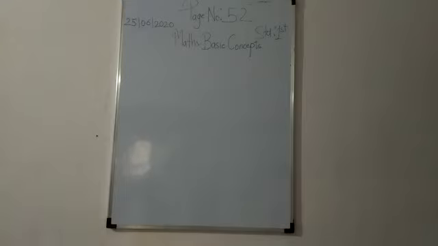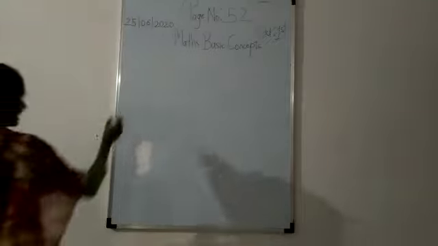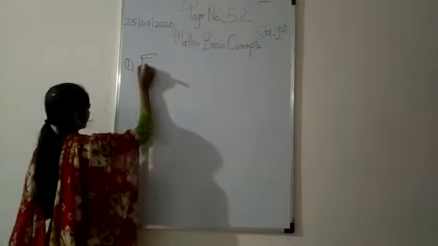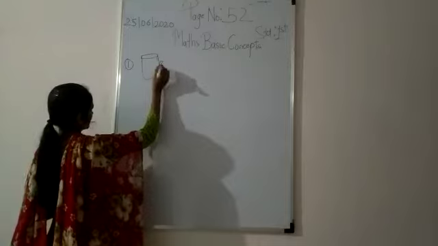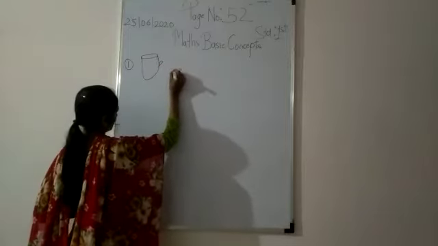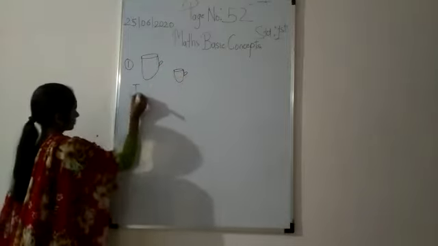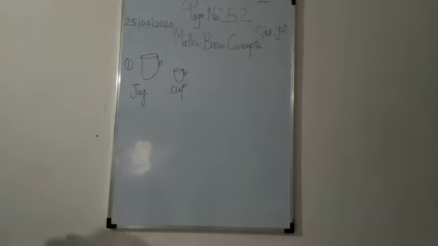In the first picture you will see there is a jug and a cup. So the size of a kettle is big. This is a sample. If I am removing, this is a jug and this is a cup. When you see the jug, the size is little big, and when you see a cup, the size is little small.